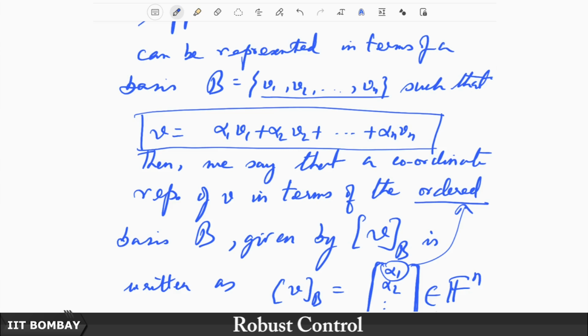Now you bring everything on one side. So what is the coefficient of V1? Alpha 1 minus alpha 1 bar. Coefficient of V2, the scalar multiplied with V2, alpha 2 minus alpha 2 bar. Scalar multiplied with Vn, alpha n minus alpha n bar. And on the right hand side you have 0. So you have a linear combination of the set of vectors V1, V2 dot dot dot till Vn equaling 0.